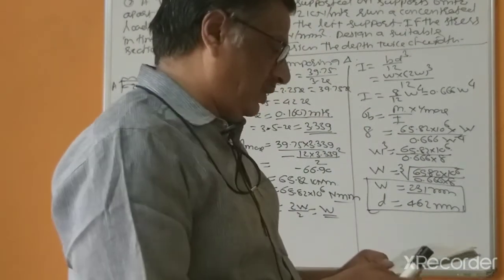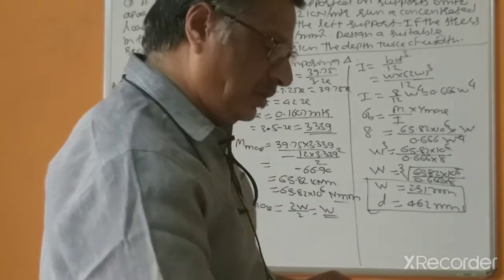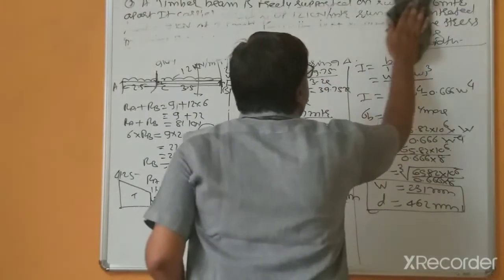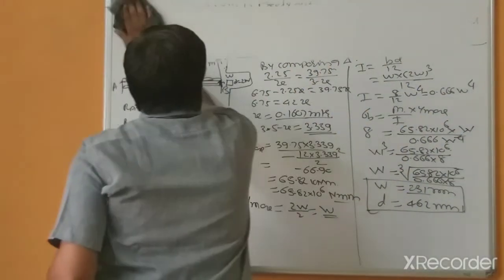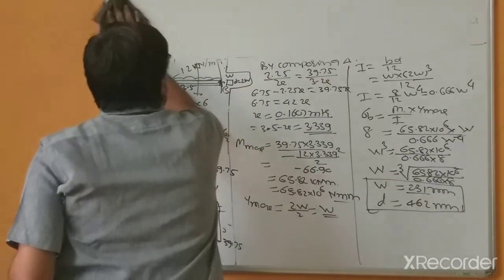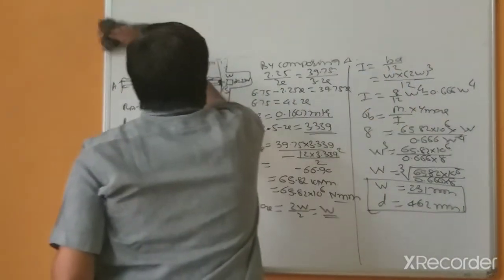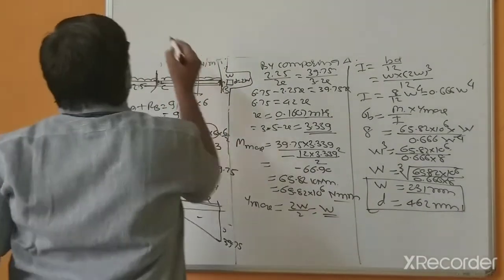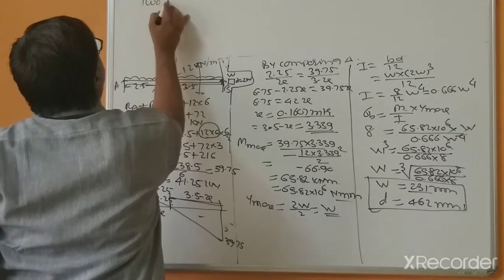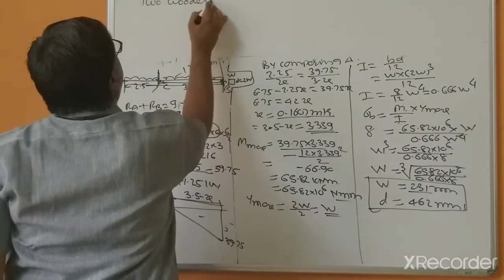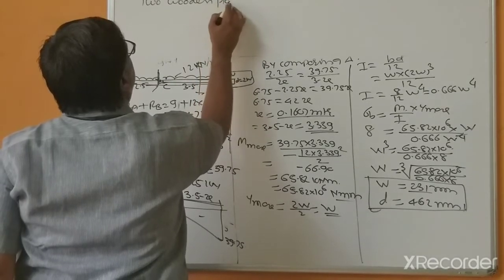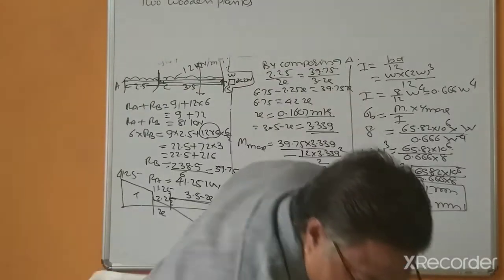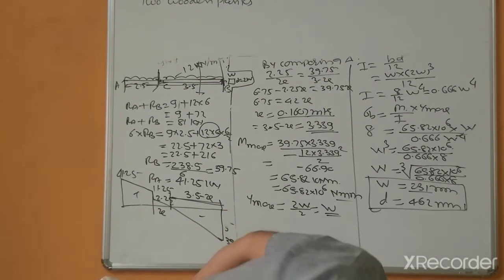So next problem. Two wooden planks. Planks mean you can say a block, a rectangular type of block.